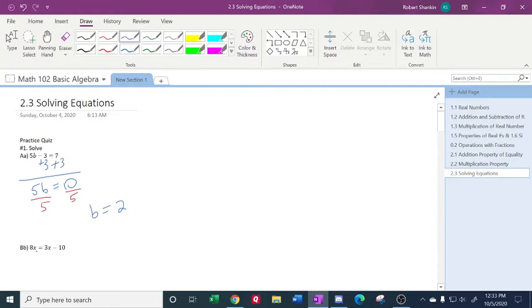Alright, now part B has a fundamental difference than part A. On part B, the x's are strewn on both sides. And so we have to collect all the x's to one side. And to do that, well, we might say, hey, numbers are already on the right-hand side, numbers without variables, so let's put all the variables over on the left-hand side.